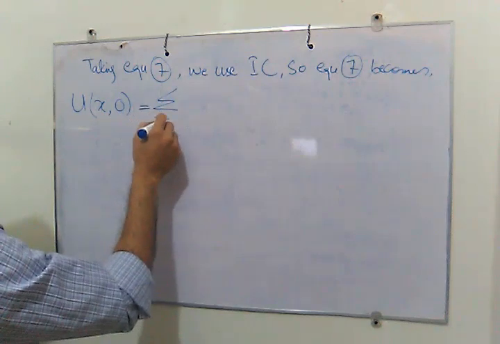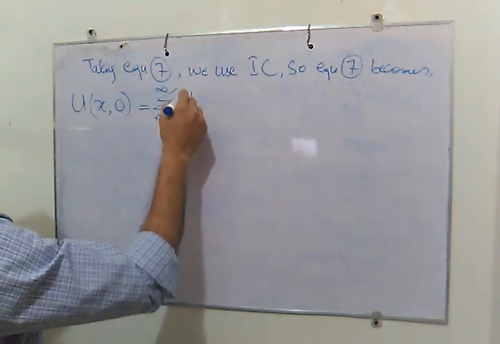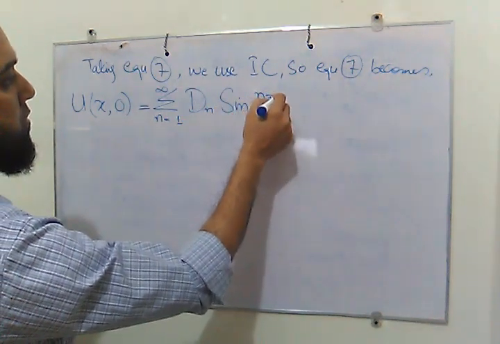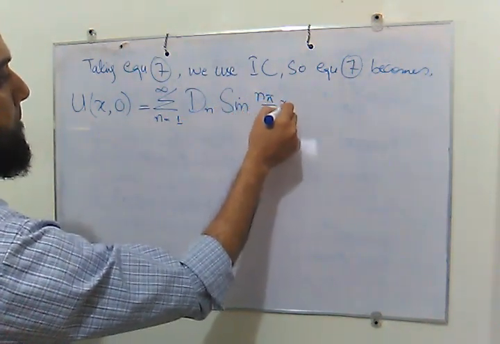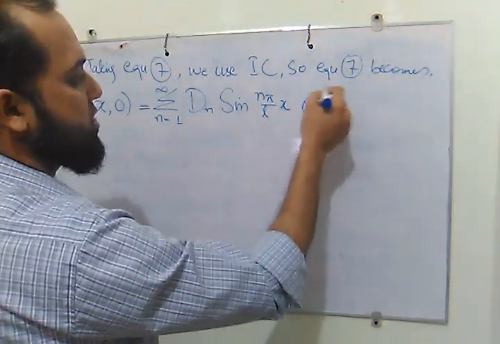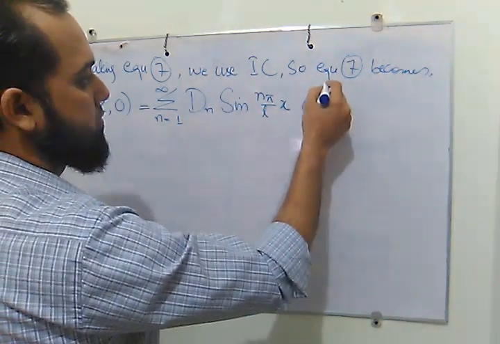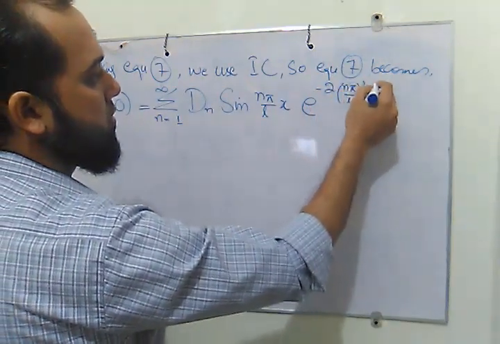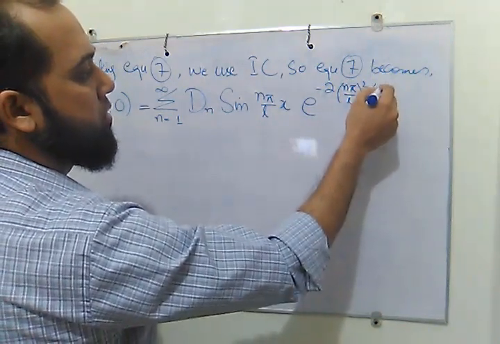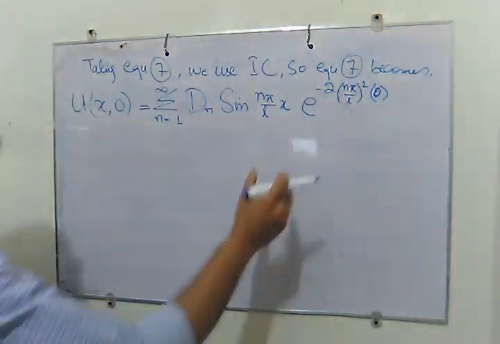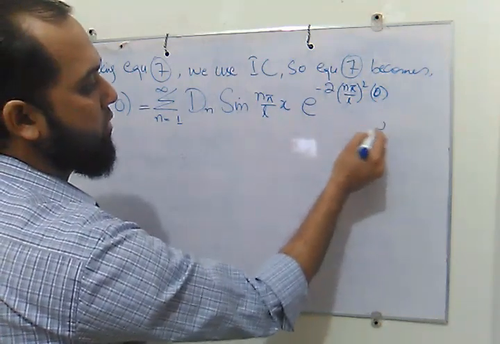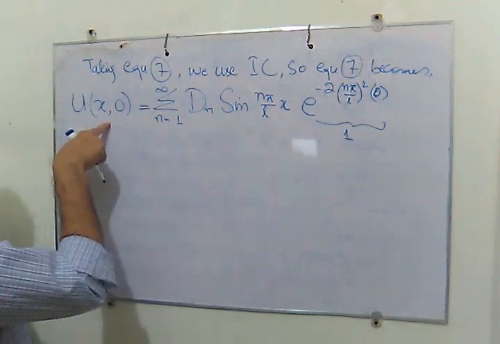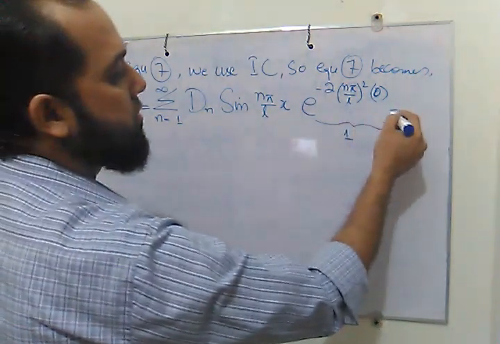Then we have the summation, coefficient, the sine term, and the exponential term which had some t term, which is 0 here. So because of this 0, this whole exponential term goes to 1, and this initial condition was equal to 4.